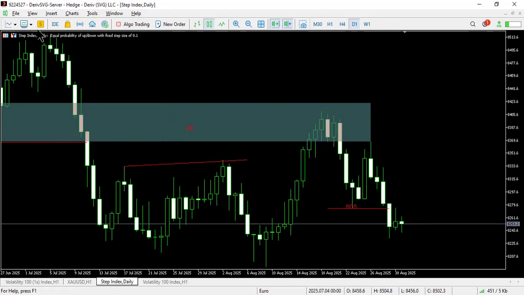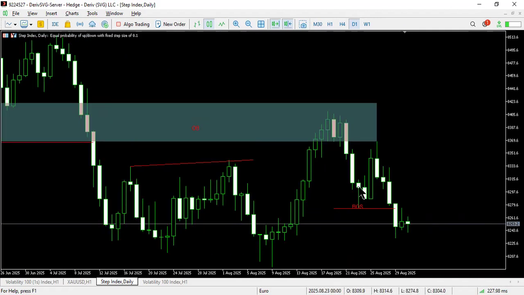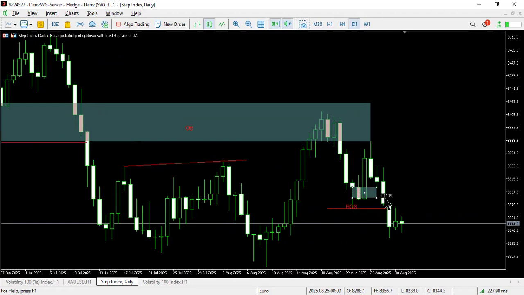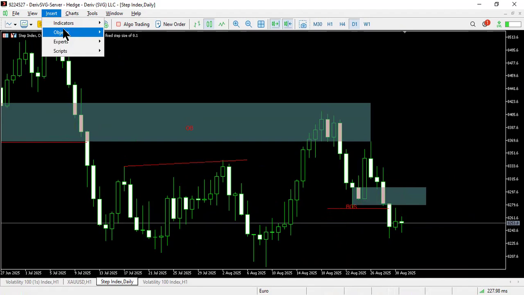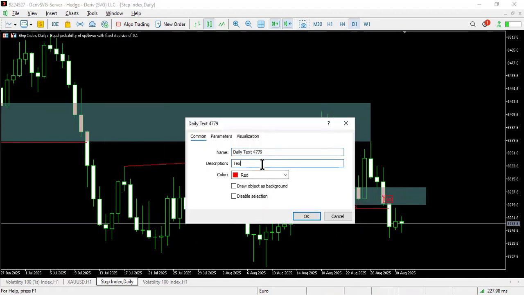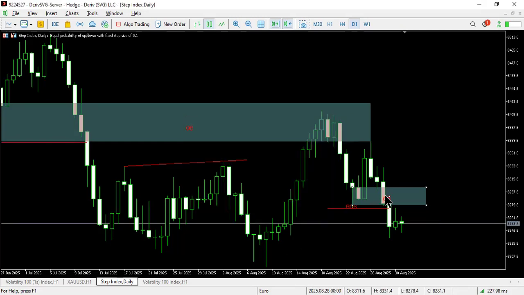So we have a break of structure, and then that is the order block that we are waiting for price to go and mitigate. So that is the order block from the daily time frame. That is the order block.